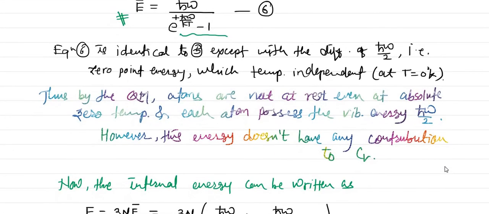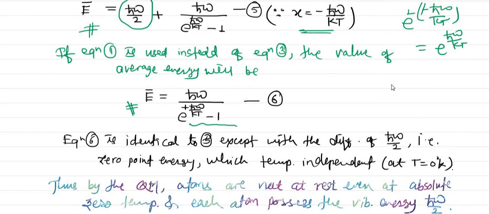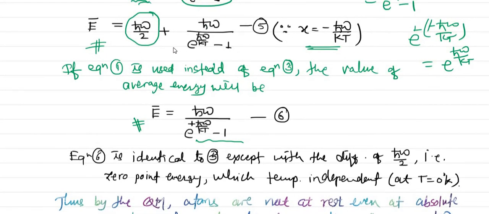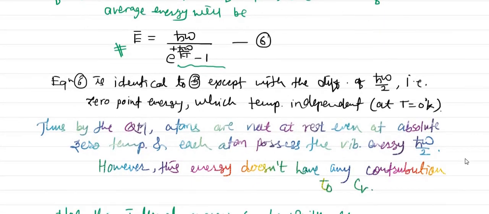Now let us consider the internal energy, because what we got in equation number 5 is the average energy, and moreover it is for only one harmonic oscillator, a quantum mechanical harmonic oscillator. Now let us find the internal energy.